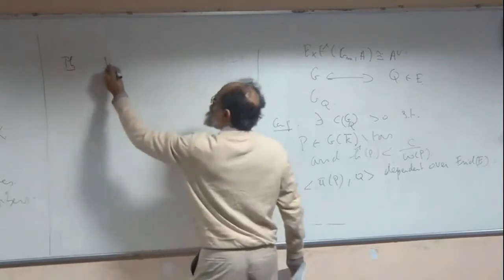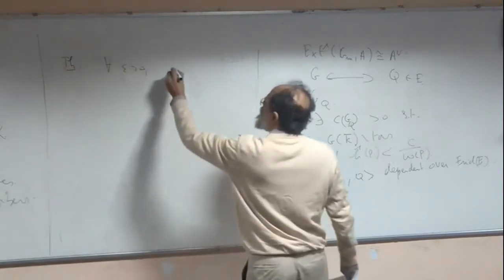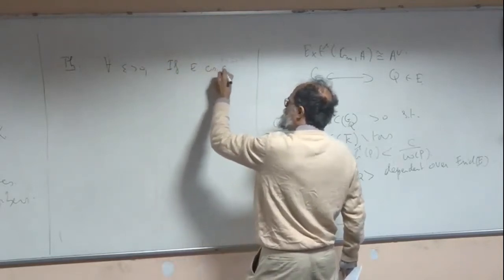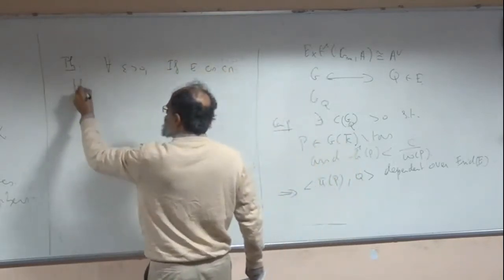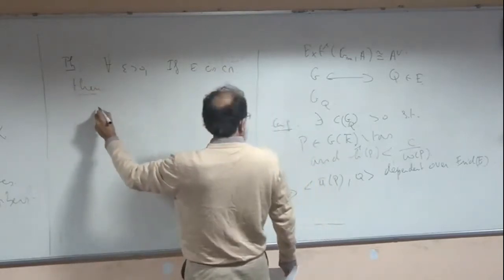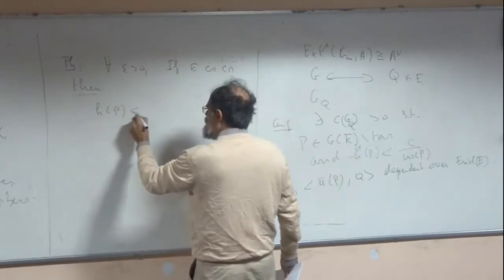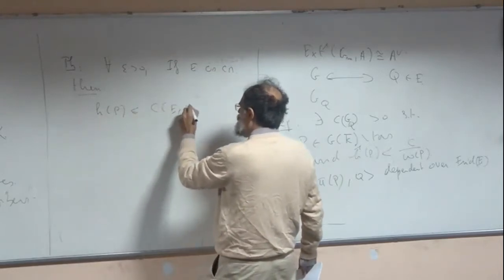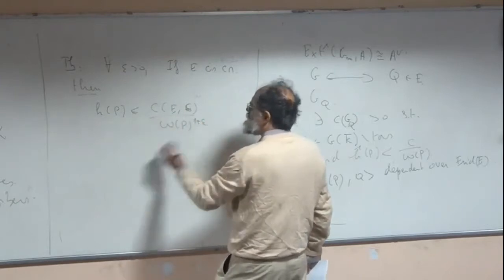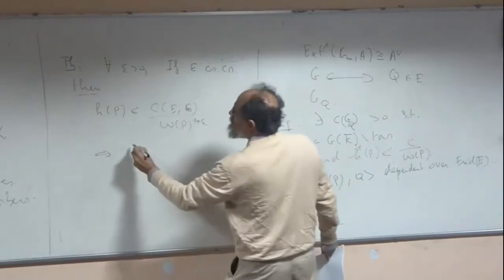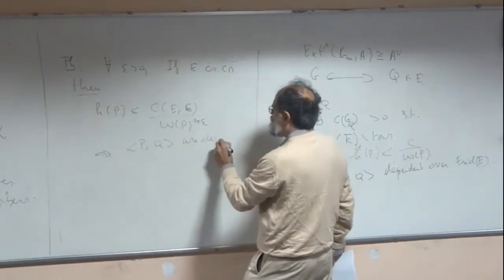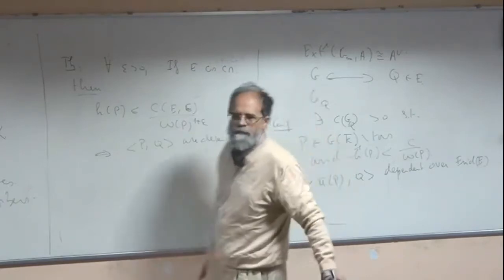Theorem: for every positive epsilon, if E is CM, then the height of P, less than C of P divided by omega of P to the power 1 plus epsilon, implies P and Q are dependent. Okay.